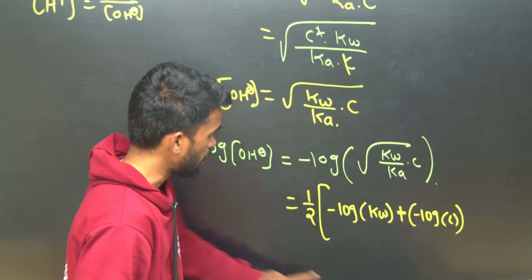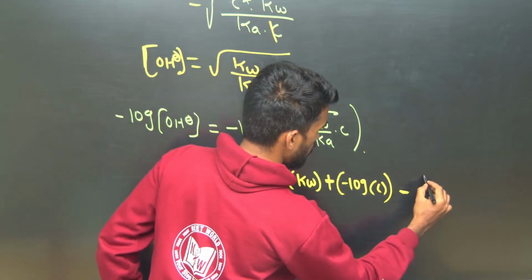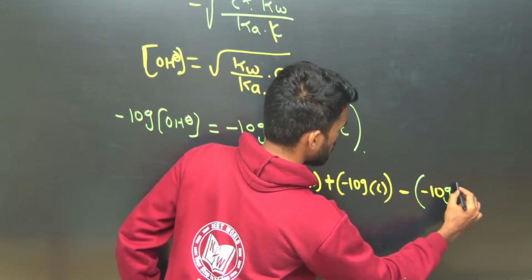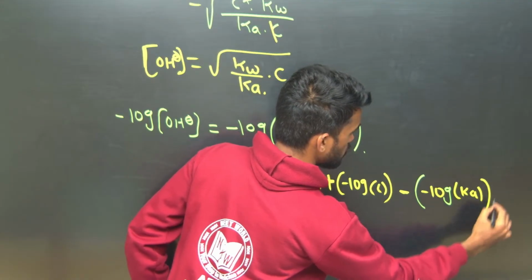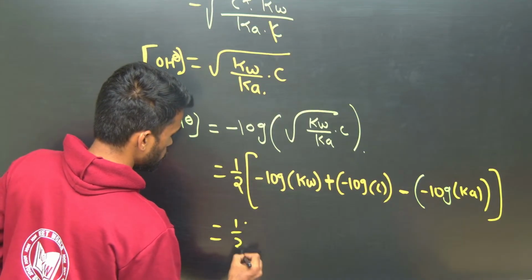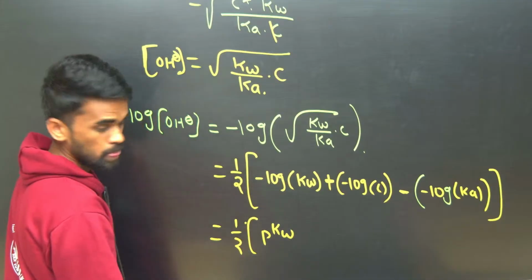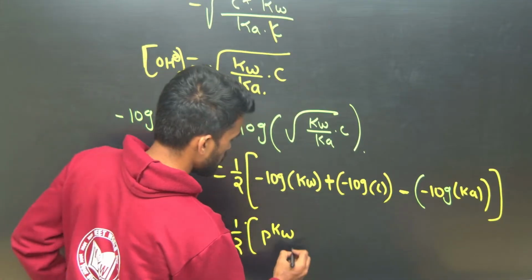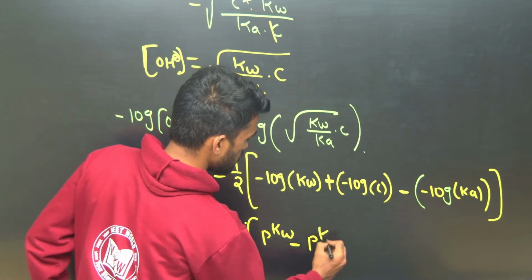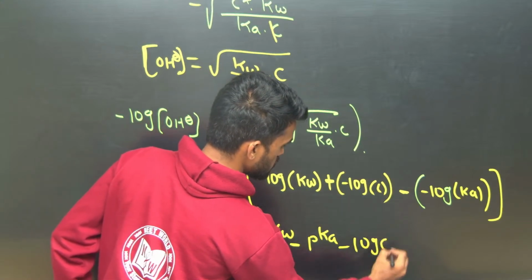And minus of minus log Ka. We can write it like this. So 1 by 2 minus log Kw means pKw. Next, this one minus plus pKa plus pk, minus log C, I am writing.